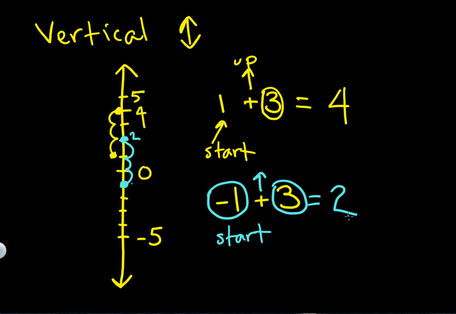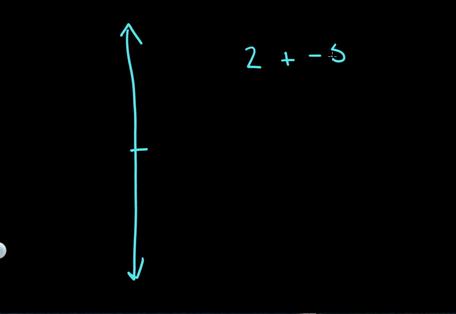Now, what happens if we are adding a negative number? So if we look at our vertical number line, we take a problem like 2 plus -5. So if this is 0, we've got 1, 2, 3, 4, and 5.